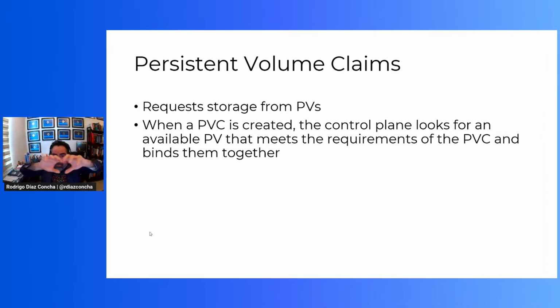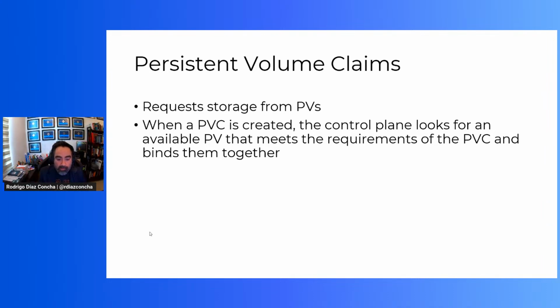So at the end of the day, you could have dozens or a number of persistent volumes, some of them for disks, some others for NAS, some others for cloud storage, right? And the claim is asking, hey, you know what? I would ask you for this particular storage resource.